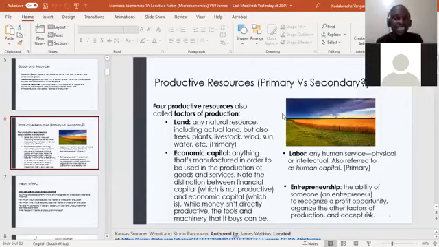The important part here is to differentiate it from what we call financial capital. Financial capital is not a factor of production. Financial capital is used to purchase these various things, but it is not a factor of production. Financial capital, in other words, is also known as money.